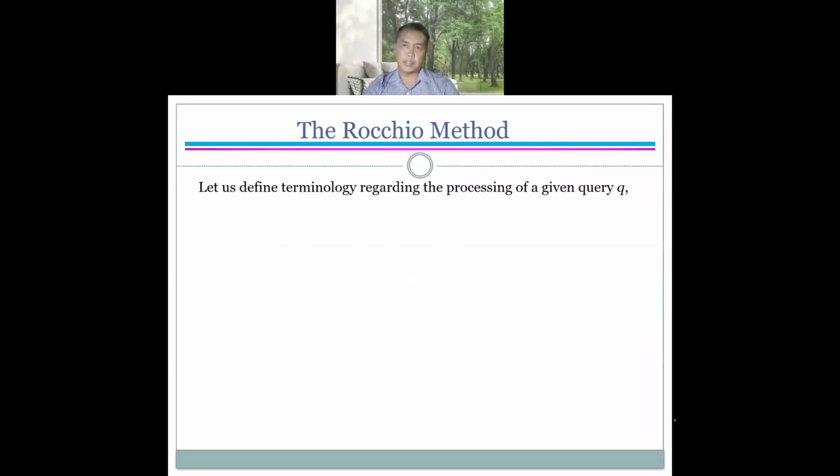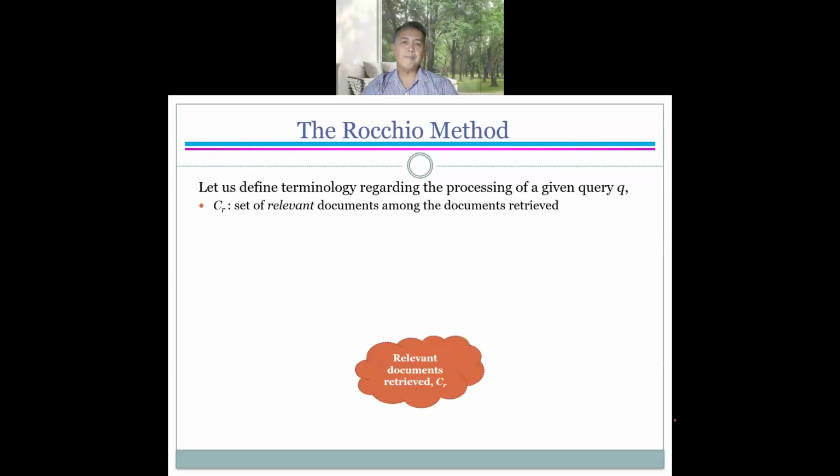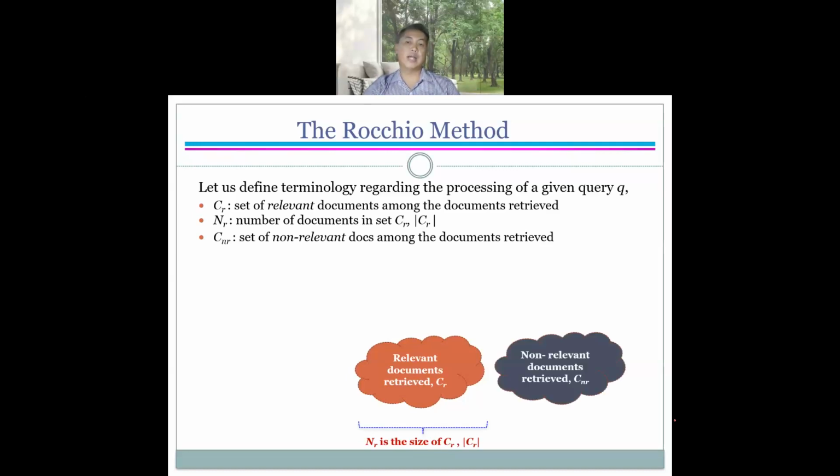Okay, so let us define the terminology regarding the processing of a given query. Given this is your relevant document, you will have this set of relevant documents, and of course you have the size of your relevant document set. So N R will be the size of your relevant document set, and you also have the non-relevant documents. So that is your non-relevant document set, and also its size.